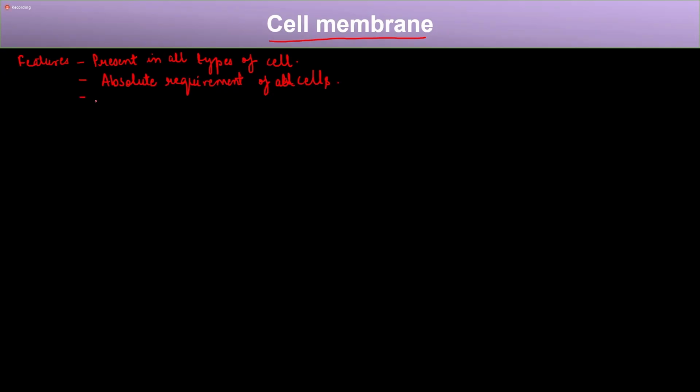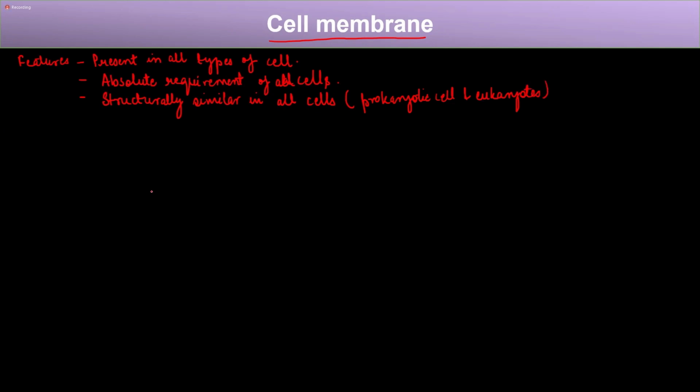Now, if you talk about the structure, the cell membrane, whether in a prokaryotic cell or a eukaryotic cell, is structurally similar in all kinds of cells.